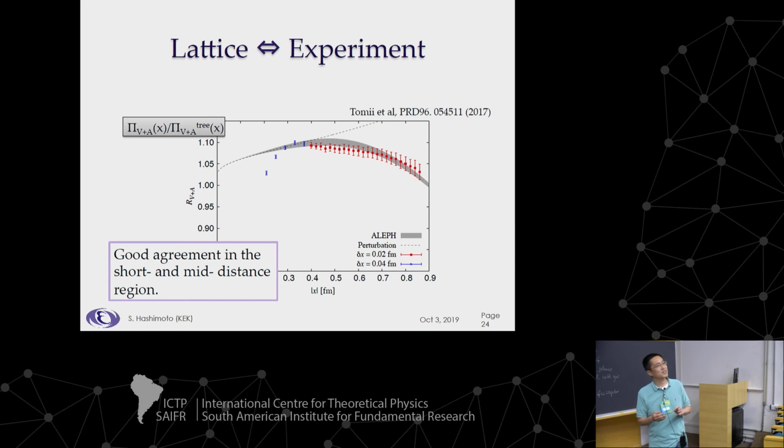Not really. But at shorter distances, there are fewer lattice points. So by choosing too small bins, the lattice data simply jumps around. Okay. Yeah.